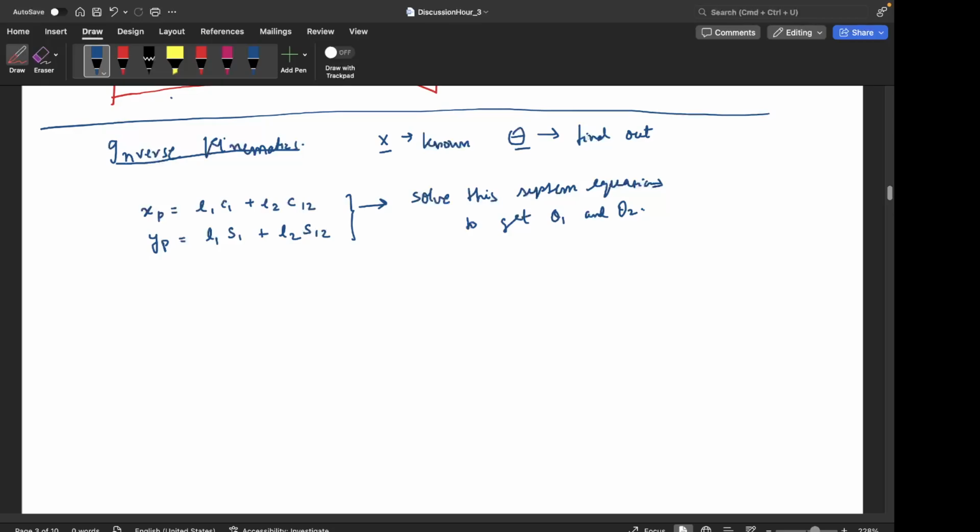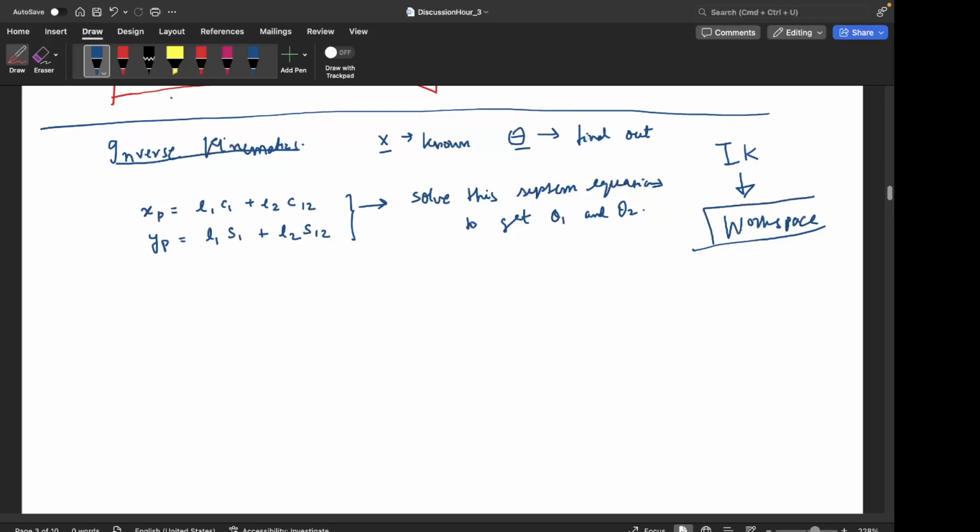Basically, there are infinite number of solutions, and if for certain cases we get no solution, then no solution of the inverse kinematics problem implies that the position and the orientation of the end effector that we are trying to calculate the joint variables for is not in the workspace of the robot, right? So inverse kinematics is related to what we will see next, the concept of workspace, right?